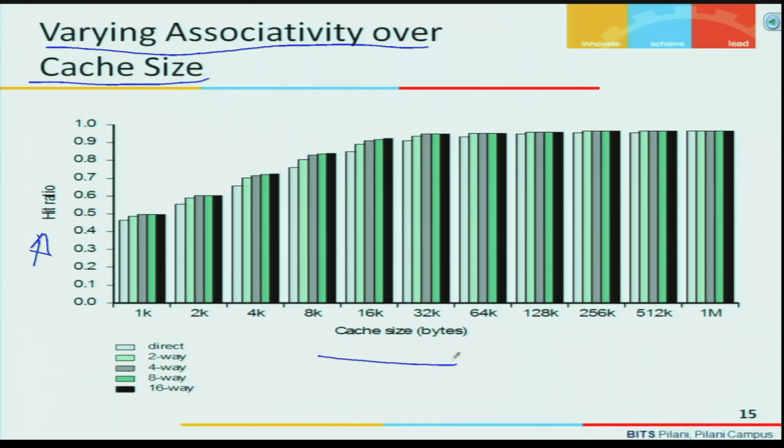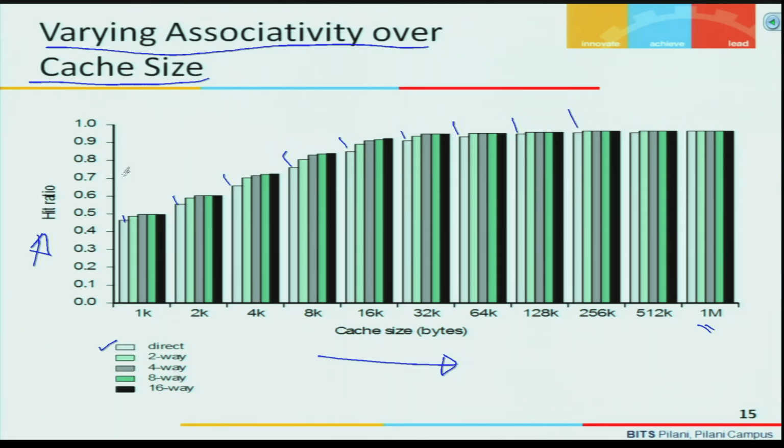You can see here that direct mapping is inferior in all cases, whatever the size of the cache memory, compared to the other mappings.